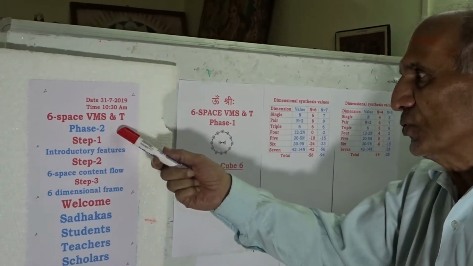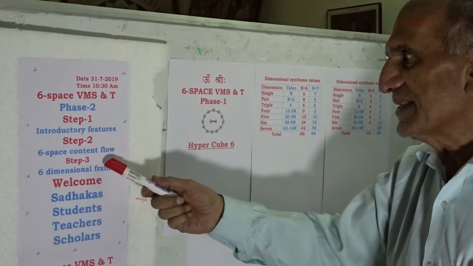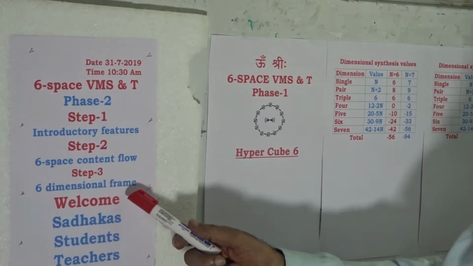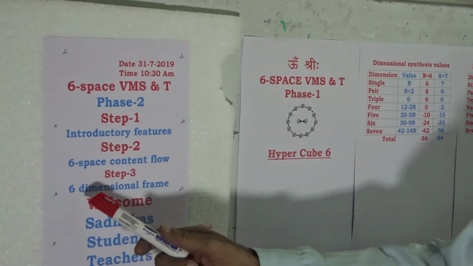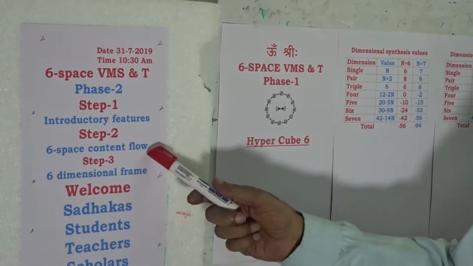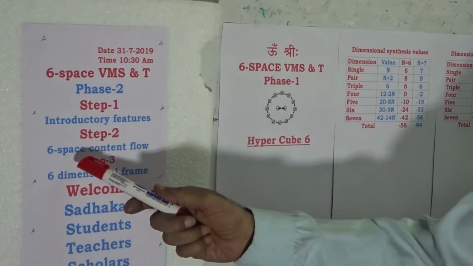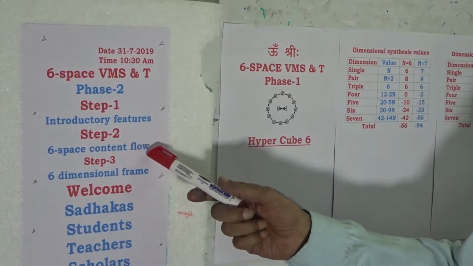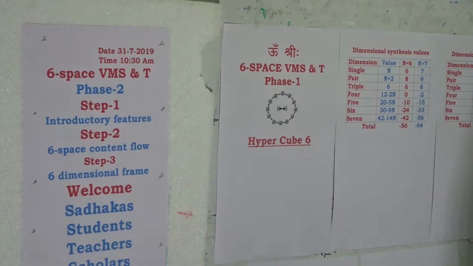In Phase 2, we are at Step 3. Today in Step 3, our focus is going to be about 6-dimensional frame. Previously in Step 2, our focus had been upon 6-space content flow, and the first step had been about the introductory features.